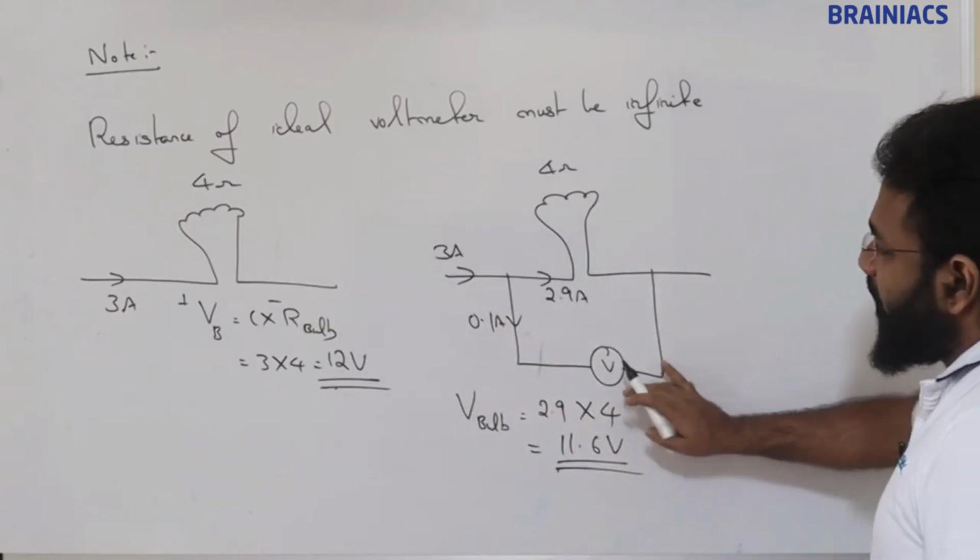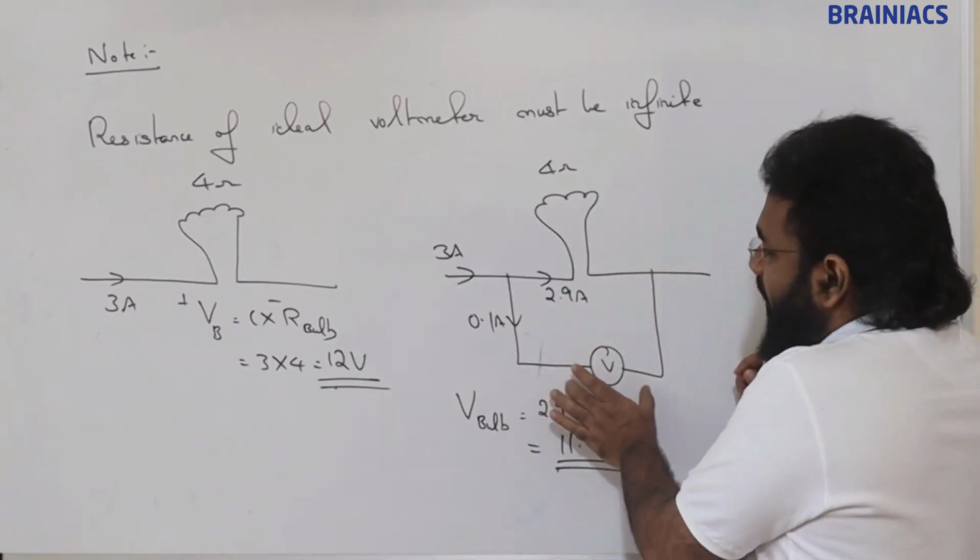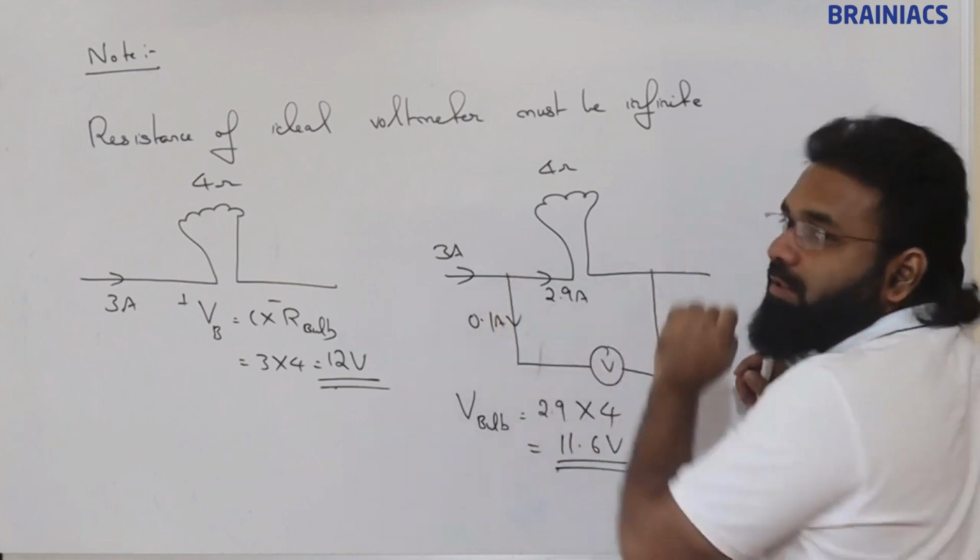Suppose we have infinite resistance for the voltmeter, which is practically not possible, but if we did, no current would flow through it.